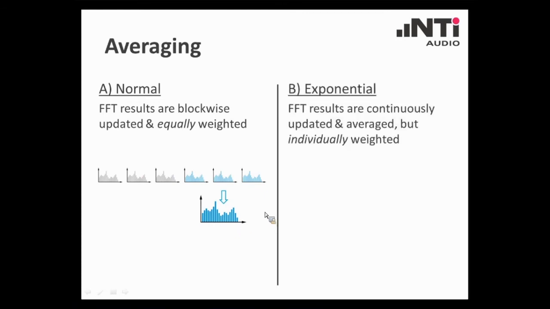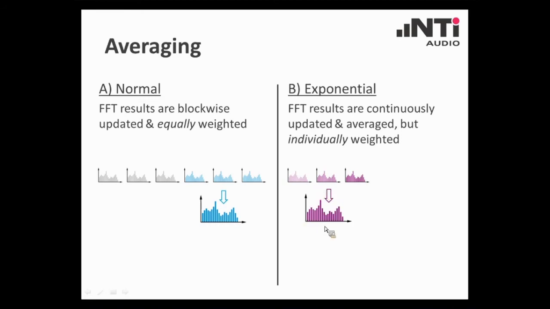In contrast, the other approach would be what we call the exponential averaging. Here the test instrument continuously calculates the FFT and averages them, but it weights the incoming spectra individually. What does that mean? Here we see the first spectrum that has been acquired, a second one, a third one.